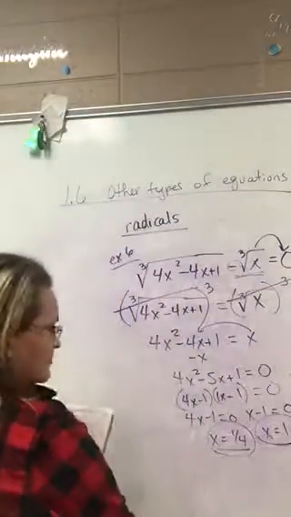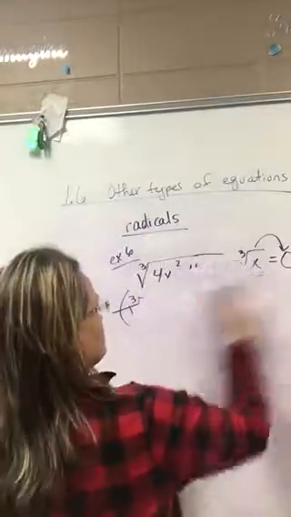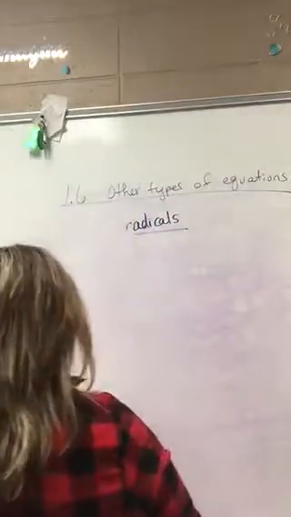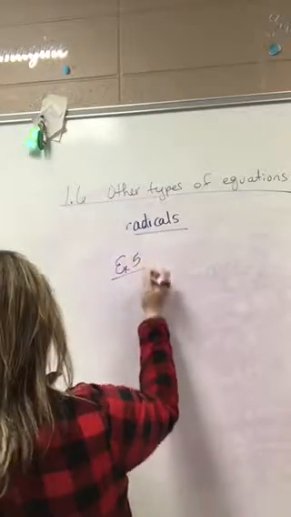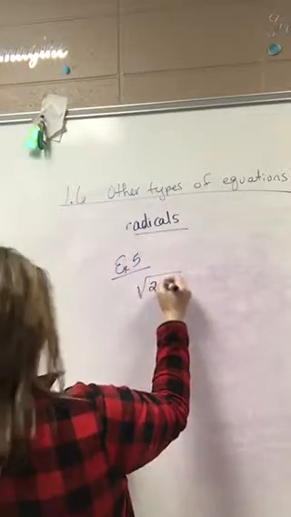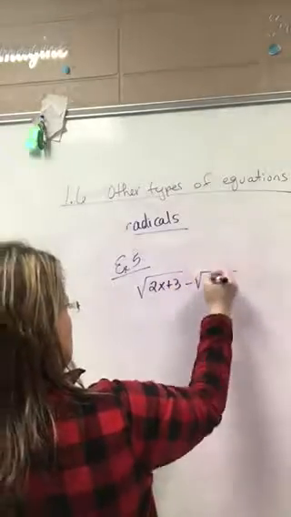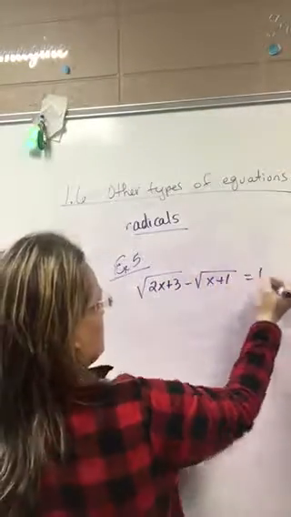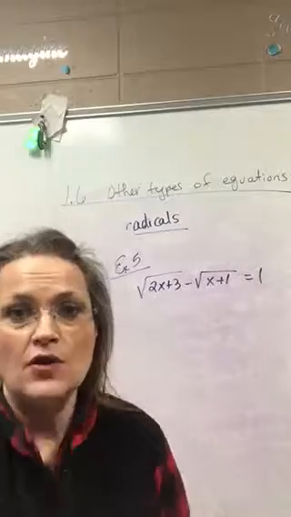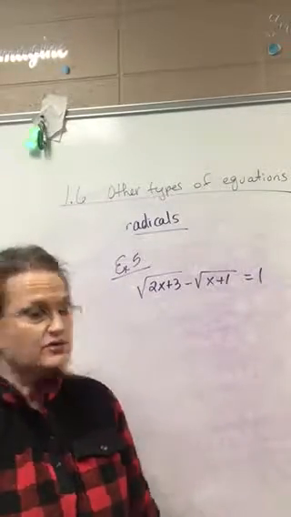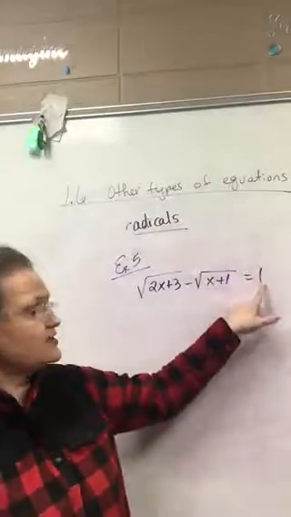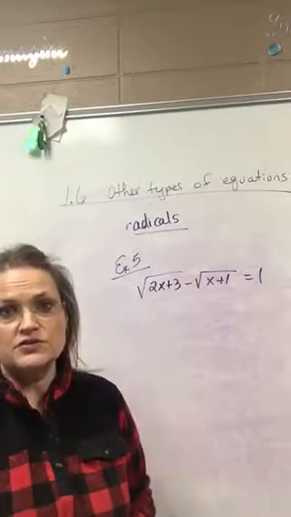Let's go back to example 5. It has 2 radicals and a constant. So in this scenario, there's no way to truly isolate your radicals one to each side because we've got this extra term that's going to make that impossible.